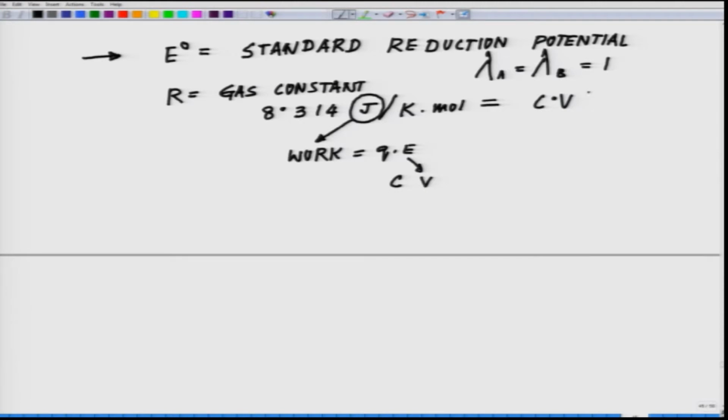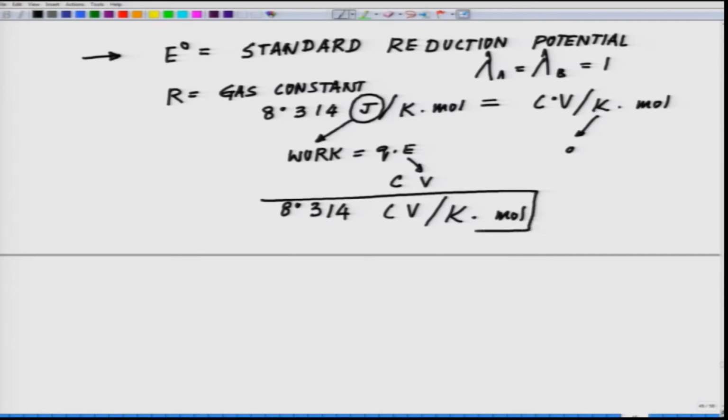C into V per Kelvin, this is temperature, okay. So, I actually can write 8.314 CV, the unit of temperature, per mole, okay. And this will help us in doing the unit analysis, okay.